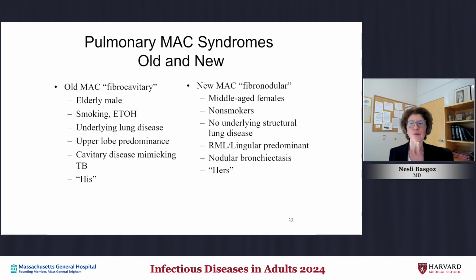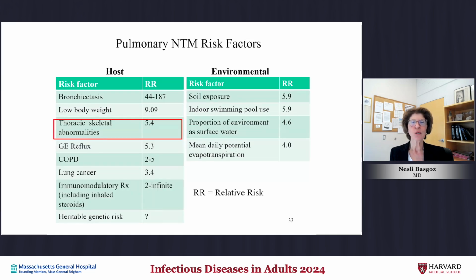The new MAC, really described by a pulmonary group in Pennsylvania now decades ago, favors middle-aged females who are non-smokers, often no underlying structural lung disease, a right middle lobe and lingular predominance, and often a fibronodular pattern, and we'll call that hers.